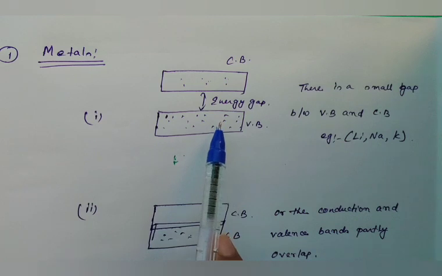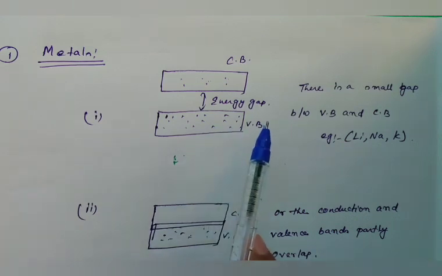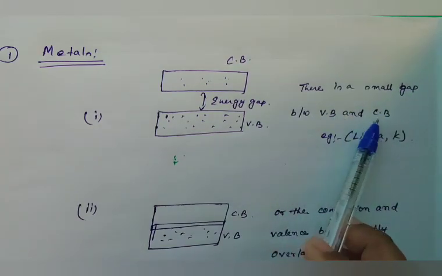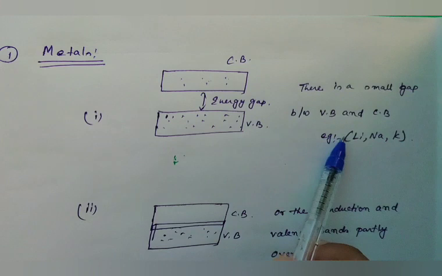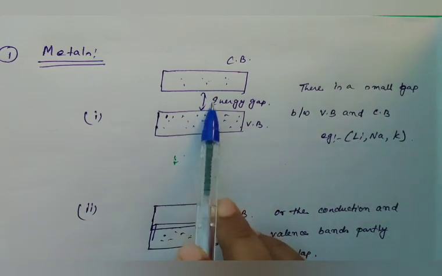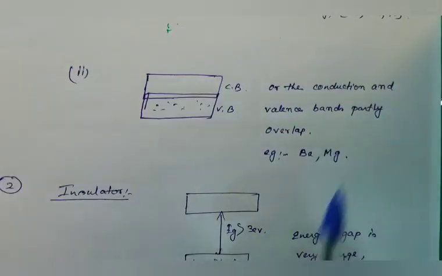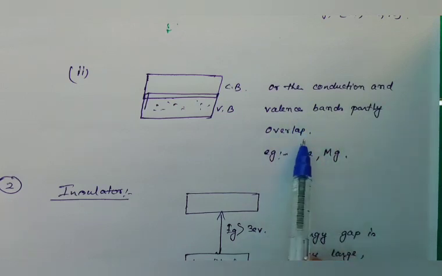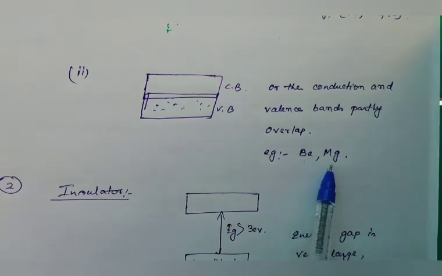Either there is a small gap between the filled valence band and the partially filled conduction band, as in lithium, sodium and potassium, or the conduction and valence bands partly overlap, as in beryllium and magnesium.